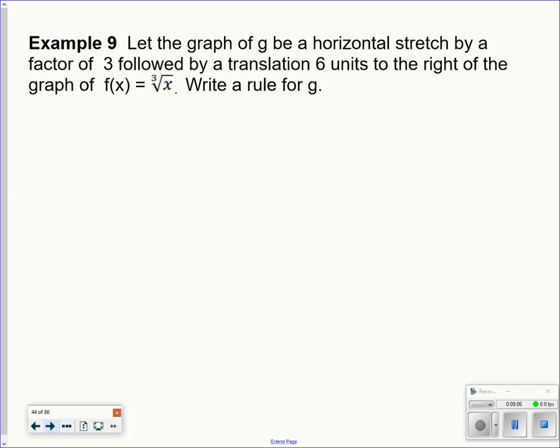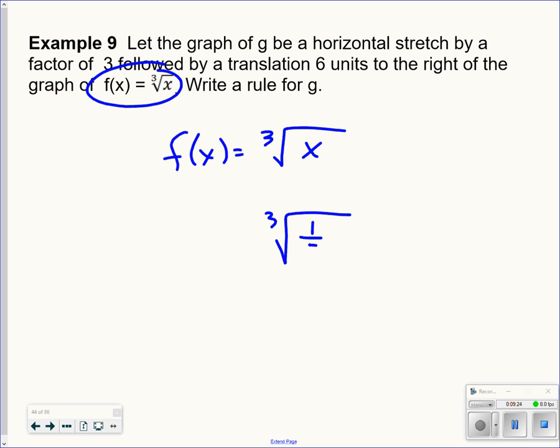Let the graph of the function have a horizontal stretch by a factor of 3. This is what this will be on the quiz. Okay, you're going to be given a function and then asked to do some things with that function. So the original function, and this one's pretty basic, the cube root of x. I want a horizontal stretch by 3. So I'm going to replace x with 1/3 x, followed by a translation 6 units to the right.